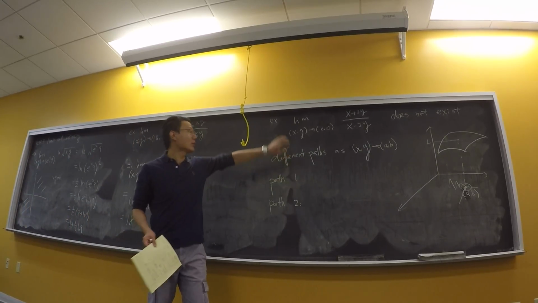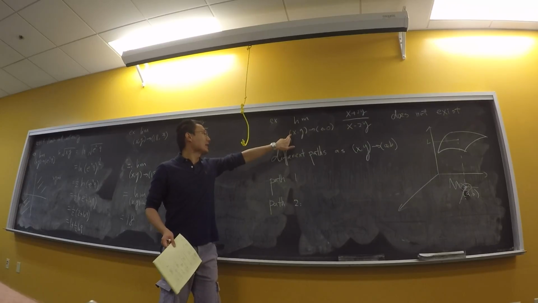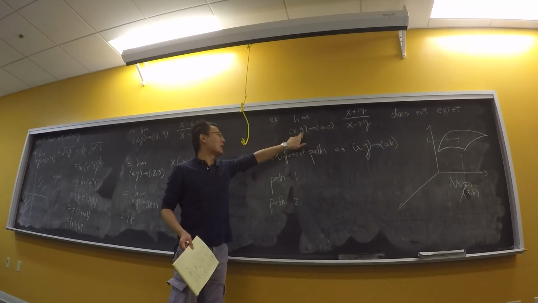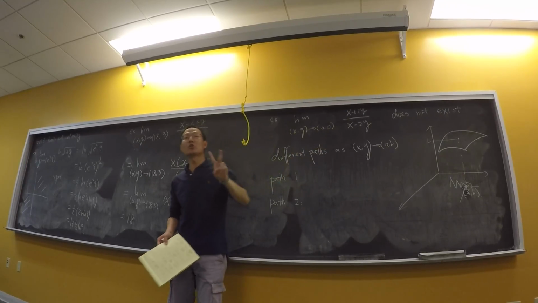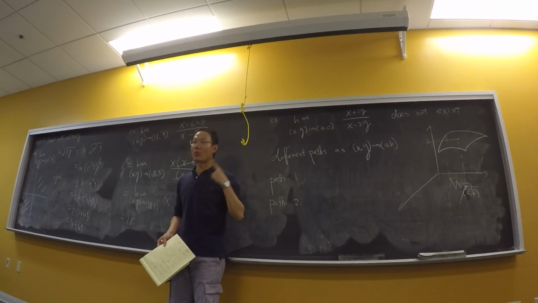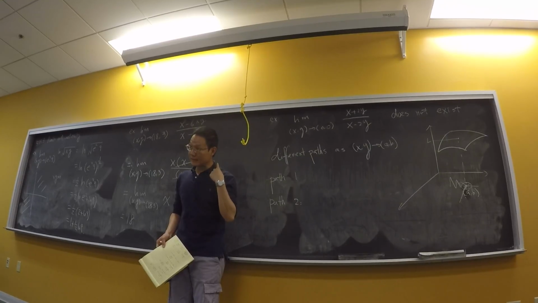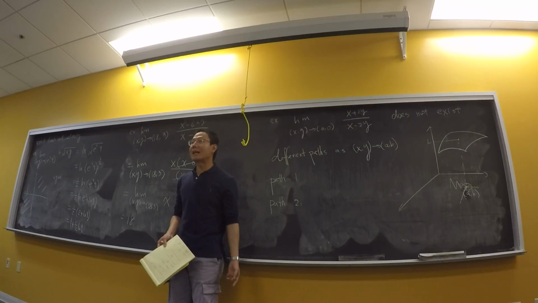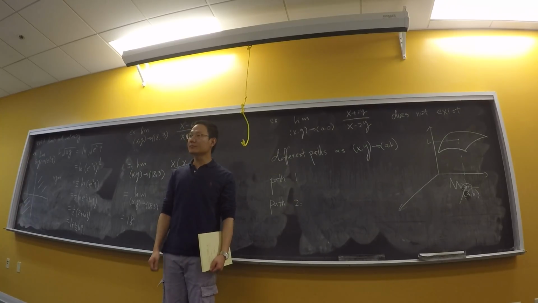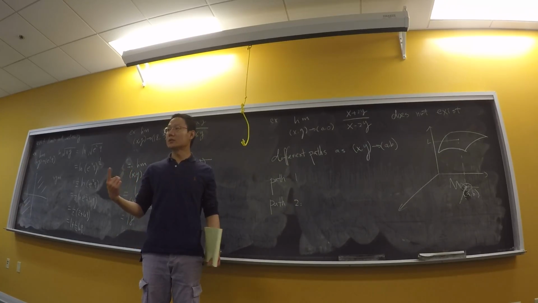Okay? So we're looking at this function again. I'm looking at the neighboring points x, y, and I want this xy to approach 0, 0. Again, there are two very trivial paths you can choose. One is through the x-axis. The other one is through the y-axis. What do we mean by the x-axis? The direction parallel to the x-axis, y equals 0.